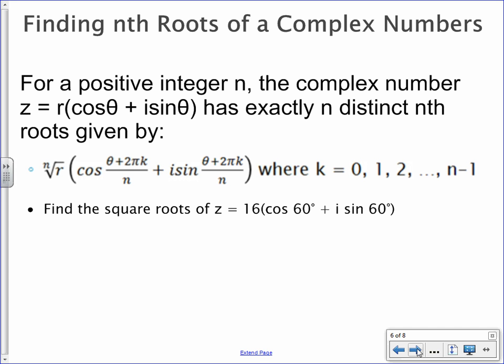You do not have to memorize this, but you should probably write it down so you can use it in your homework. This is De Moivre's theorem.